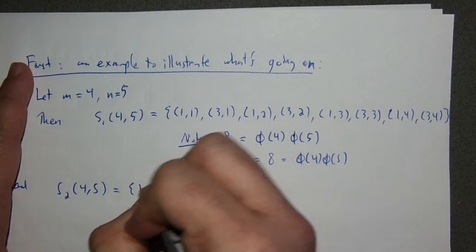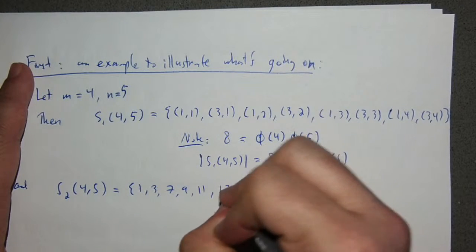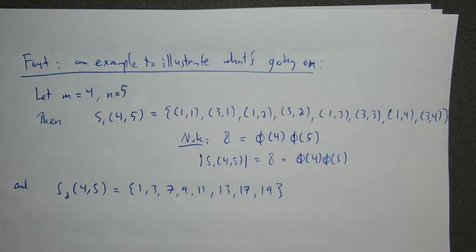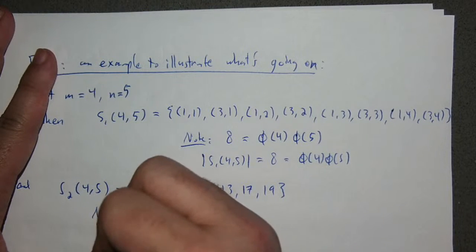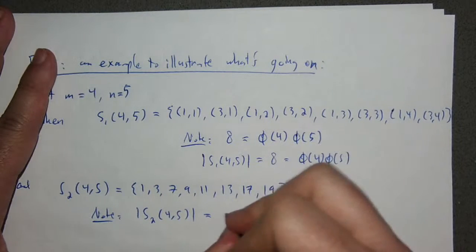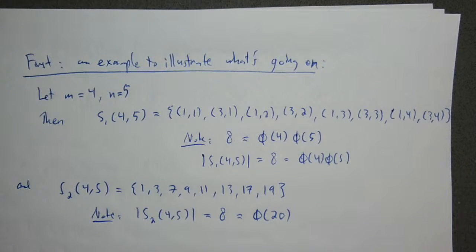Well, I can quickly list those out. That's 1, 3, 7, 9, 11, 13, 17, and 19. Boom, there they are. Note there's the same number of them, right? There's 8 of them. The size of S sub 2 of 4, 5 is 8, which is the same as phi of 20.